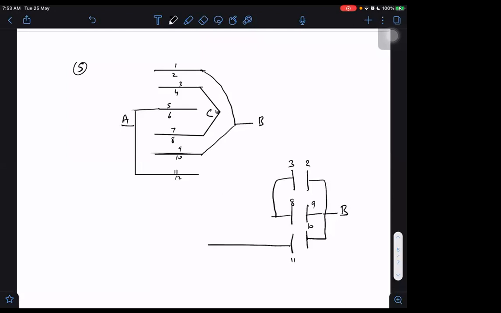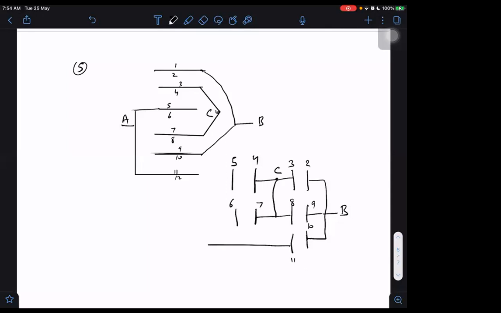These are also connected to something. 8 and 3 are connected to each other. And what else are they connected to? 7 and 4. 4 and 7 are also connected to them. 4 is connected to 3 only, and 7 is connected to 8 only. 7 is forming capacitance with 6, and 4 is forming capacitance with 5.